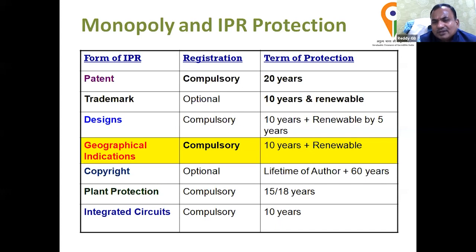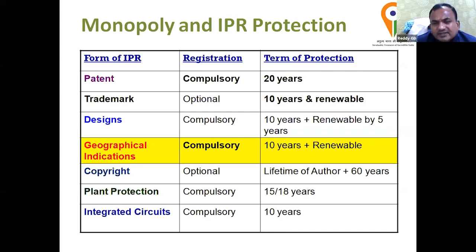I try to give a small table reflecting the kind of IPR, whether registration is mandatory or not, and what is the term of protection. Please look at geographical indications.